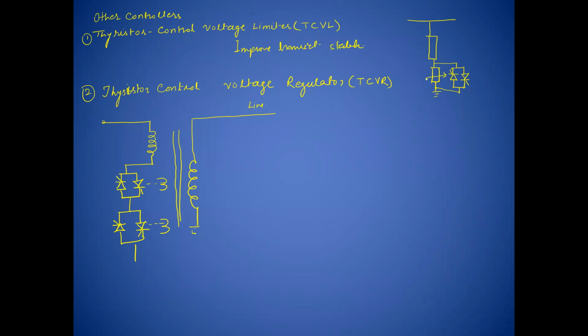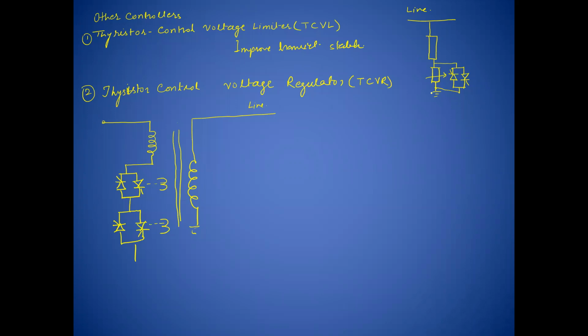It is a non-linear resistor, a gapless resistor, which is connected between line and ground. Under normal working condition, the resistance offered by the non-linear resistor is such that it makes isolation between the transmission line and ground.